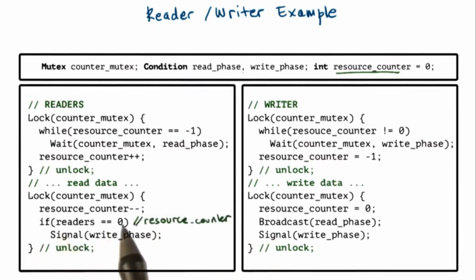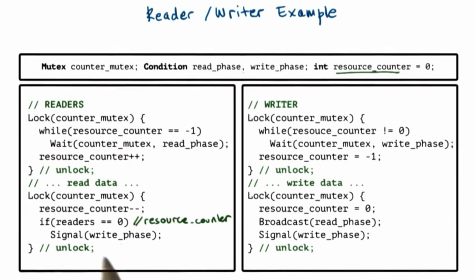Once the reader decrements resource counter, it checks to see whether it's the last reader. So it checks whether resource counter has reached the value 0. The very last reader that is exiting this read phase will see that resource counter has reached 0. It's the last reader, and then it will signal the write phase condition variable.